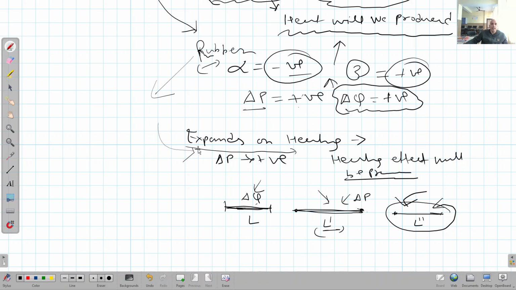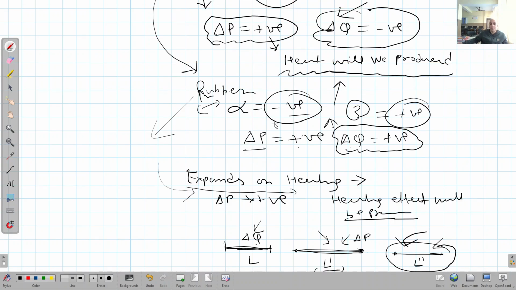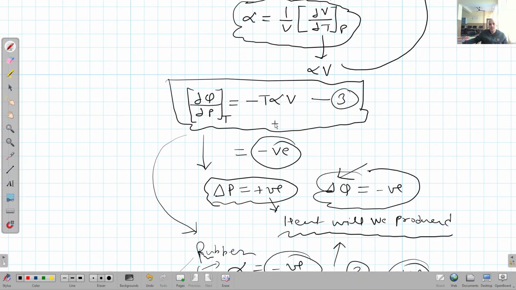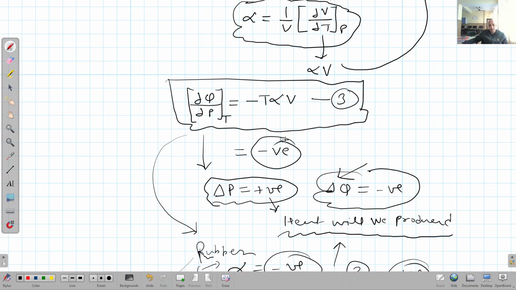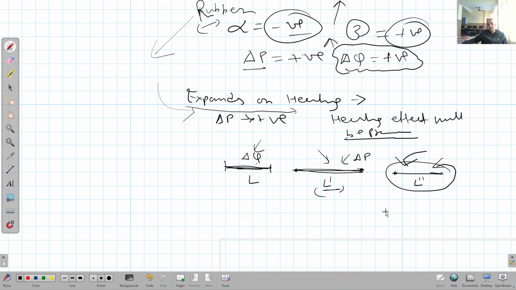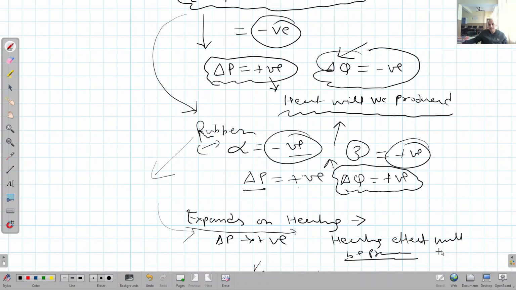So this is the reason behind it, and this is the full interpretation of this equation number 3. This is a very, very important relation. By making use of Maxwell's fourth equation, we have derived this equation number 3, and this is the full interpretation of it, right?